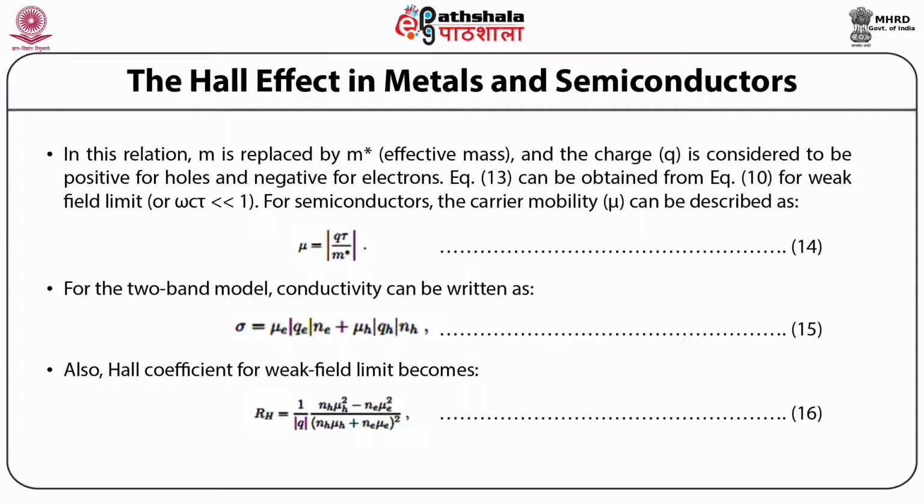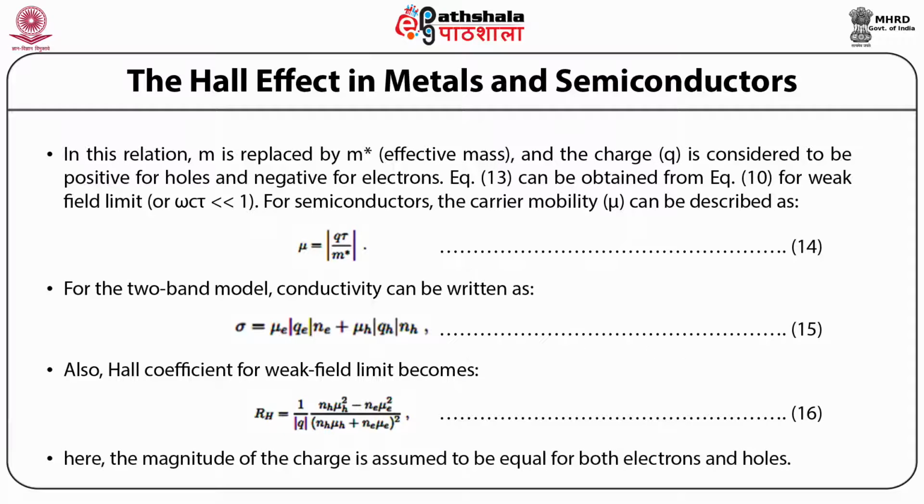Also, the Hall coefficient for the weak field limit becomes RH equals 1 by the modulus of q, multiplied by nh mu h squared minus ne mu e squared, divided by the quantity nh mu h plus ne mu e, squared. Here, the magnitude of the charge is assumed to be equal for both electrons and holes.